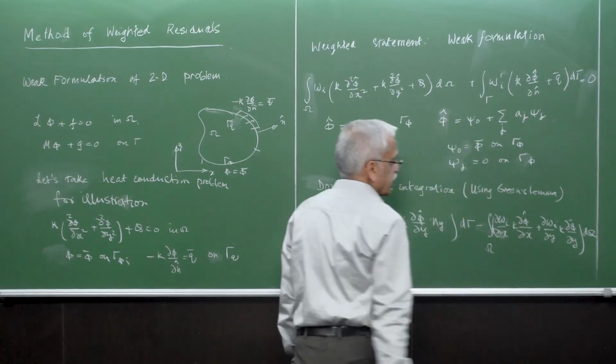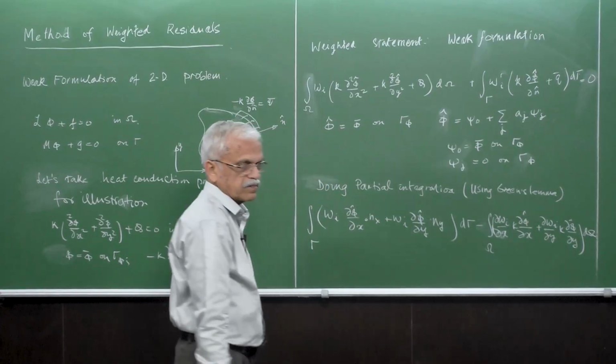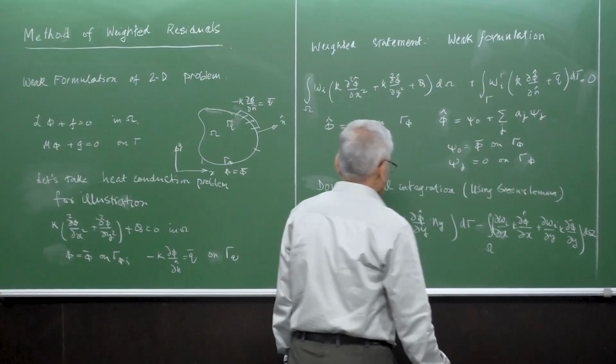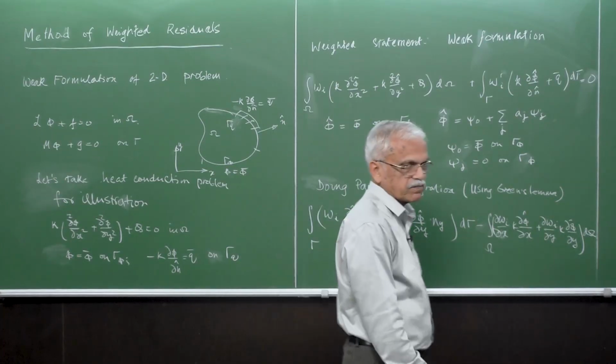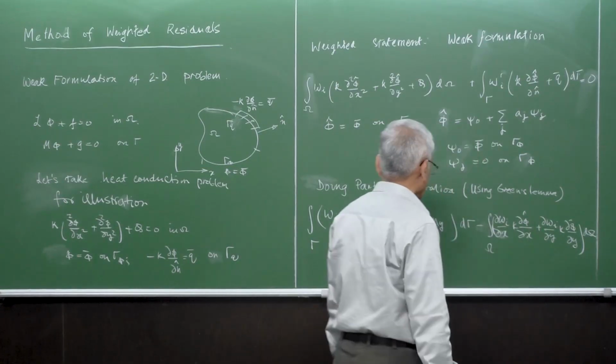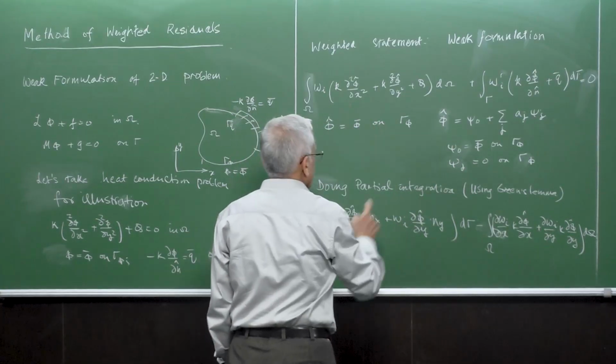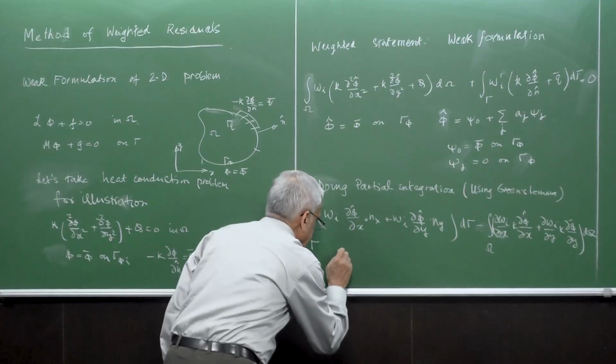I still write it as d omega, so it can be dx dy. Whenever you need it, you can put it, or it can even be some other type, r d theta, r dr, whatever you want. So this is taking these two terms, and then this term will appear as it is.